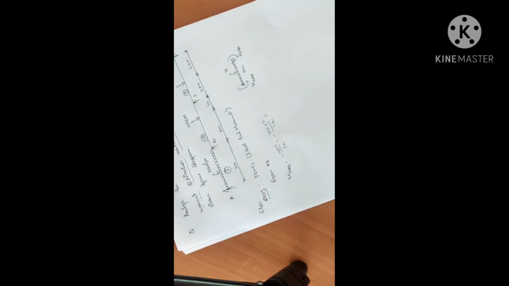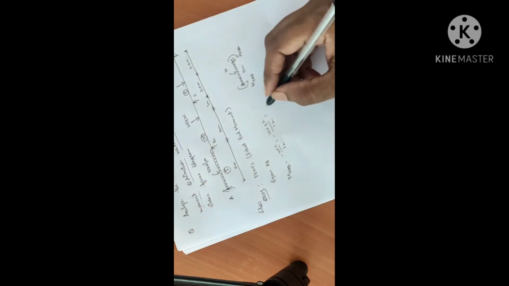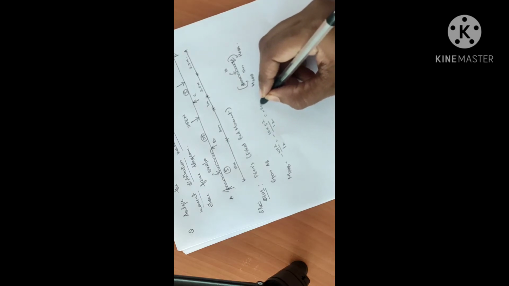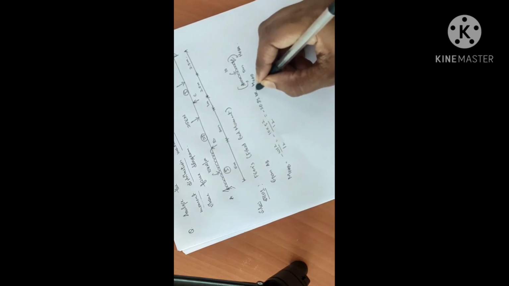When you calculate, use your calculator and check the answer. So 10 into 5 square by 12 will be minus 20.83 kilonewton meter.